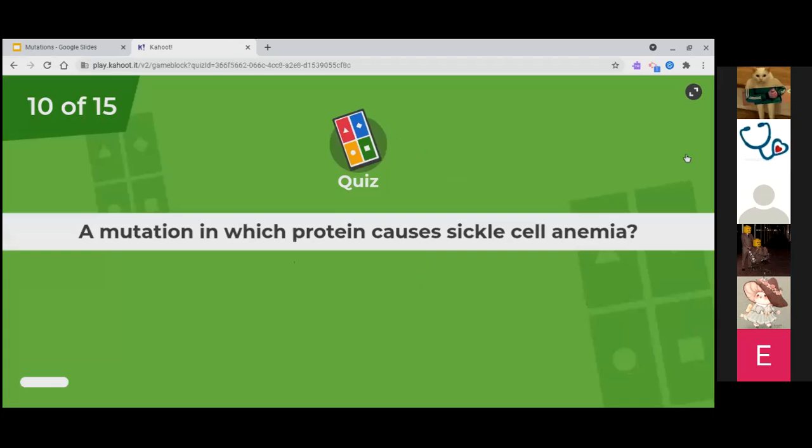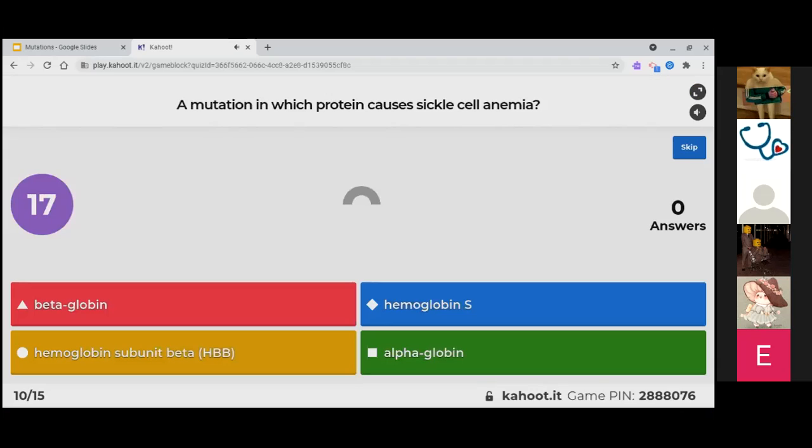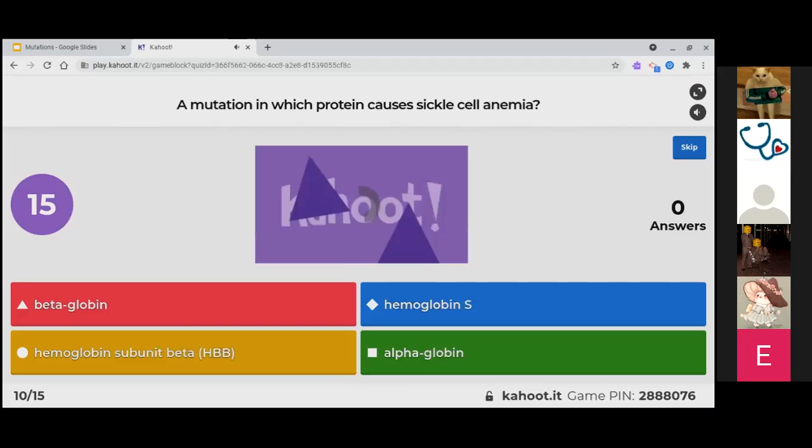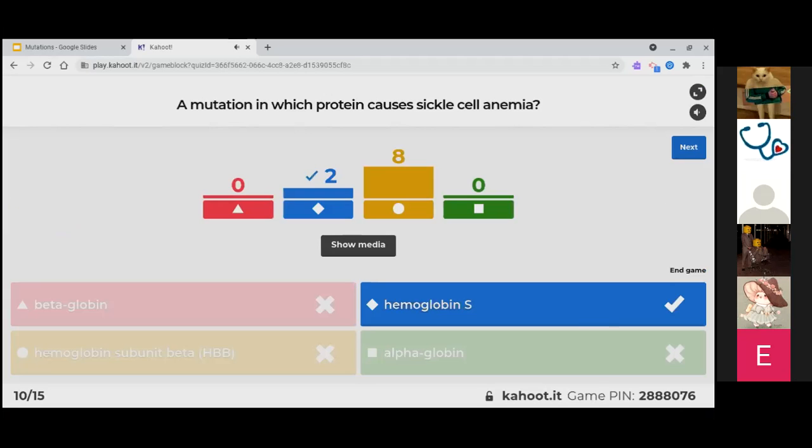Okay, the next question is, a mutation in which protein causes sickle cell anemia? So you have beta globin, hemoglobin S, alpha globin, or hemoglobin subunit beta. Okay, yeah, this is a really hard question.